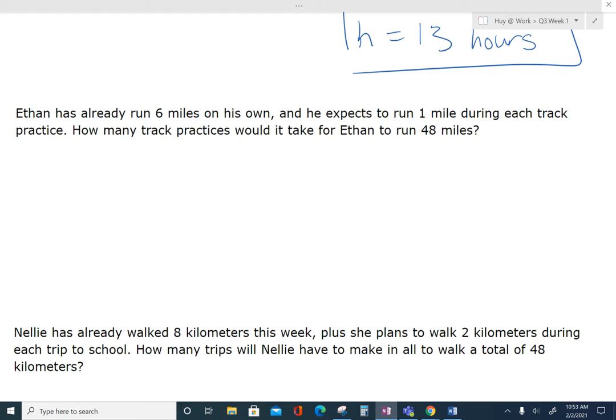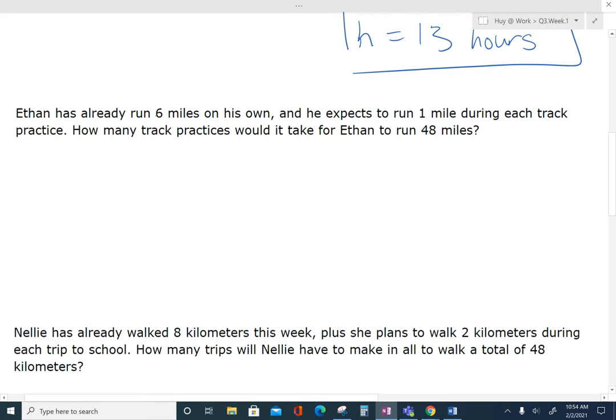All right, next example says Ethan has already run 6 miles on his own. He expects to run 1 mile during each track practice. How many track practices would it take for Ethan to run 48 miles? What can we do here? Well, let's pretend we're doing this in our head.